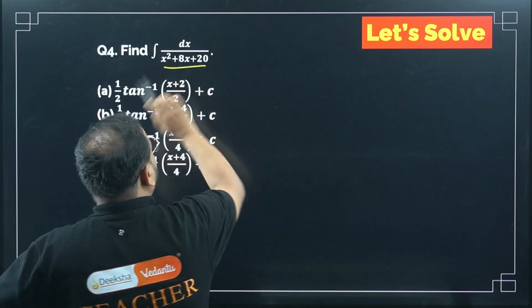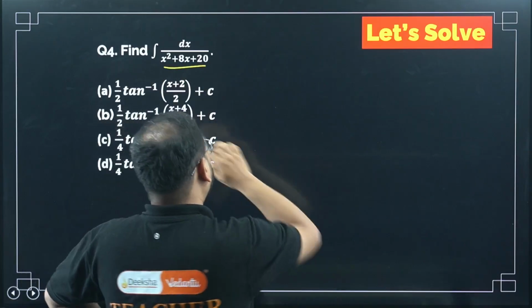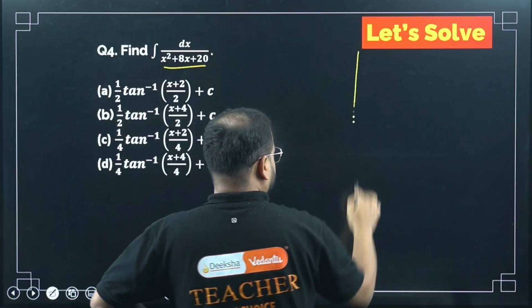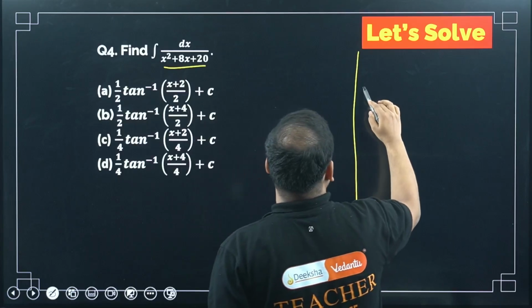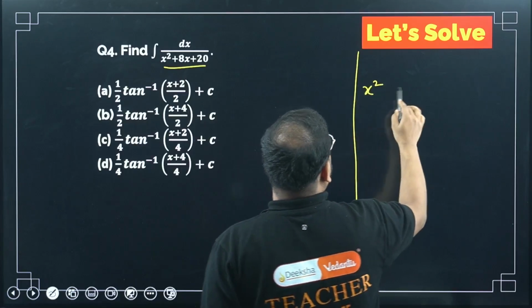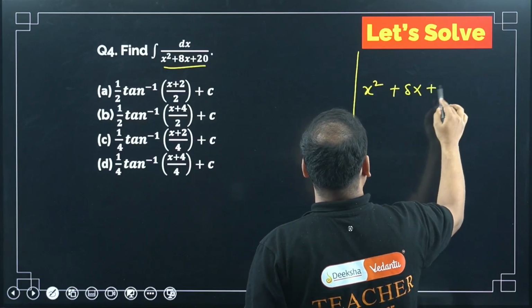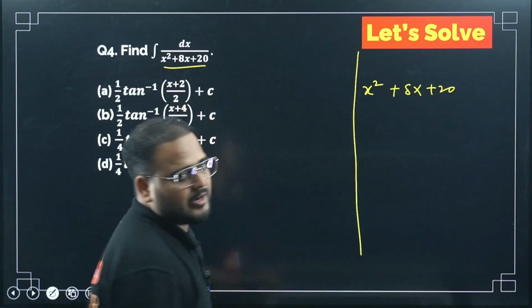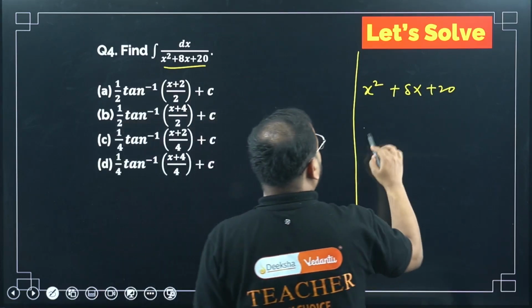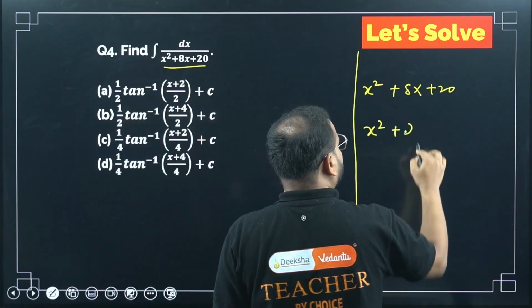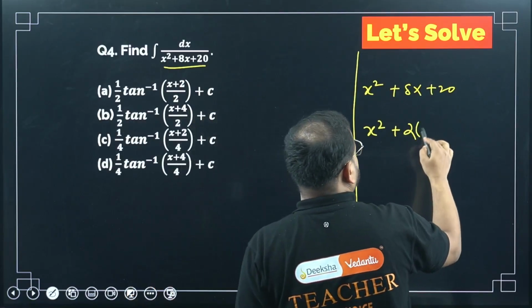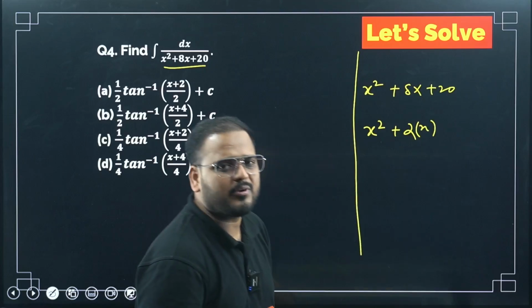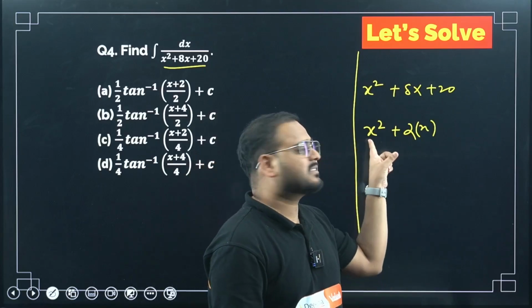So I'll just take this part. I'll not take the integration, I'll just take the term. I have the space. So I'll write it as x square plus 8x plus 20. I'm transforming this denominator. It will become x square plus, whenever you are making this perfect square, write 2 times of x as it is. Why, sir? Because the formula is 2ab, x is a.